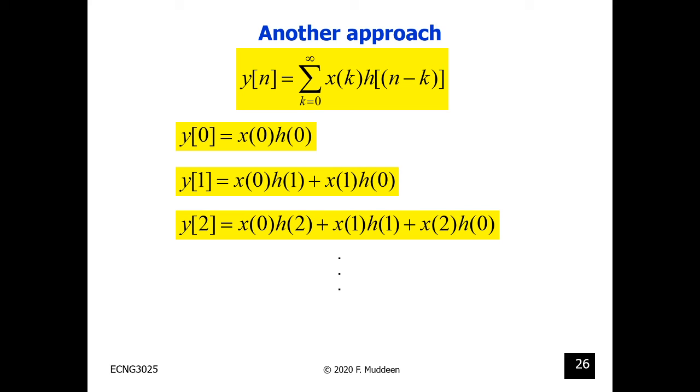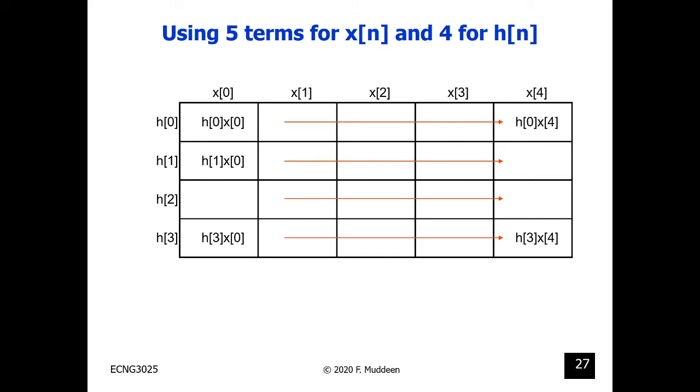If we put this into a different table, we can arrange it accordingly, where x0, x1, x2, x3, x4, and so forth are on the topmost row of the table, and h0 to h3 are on the leftmost column.